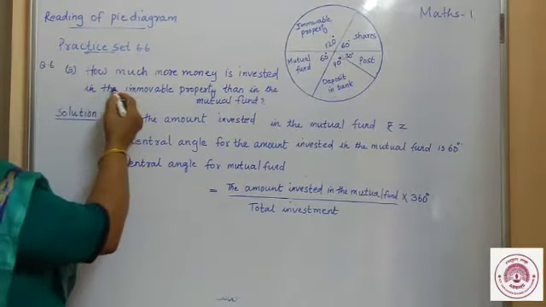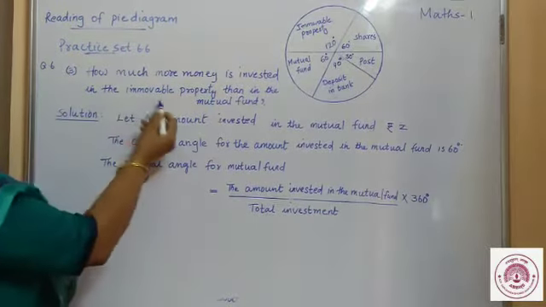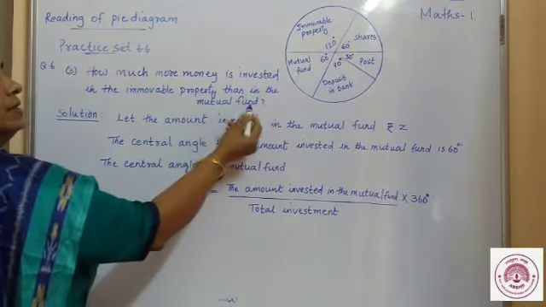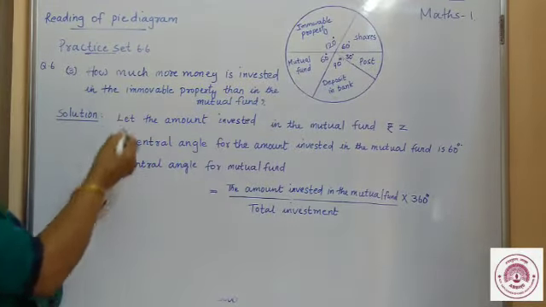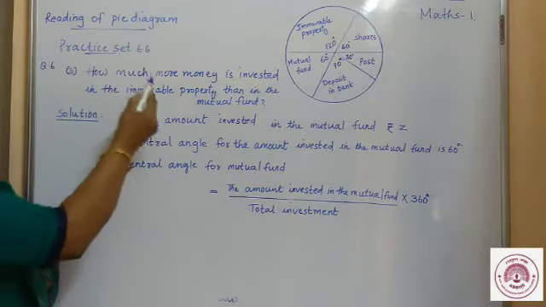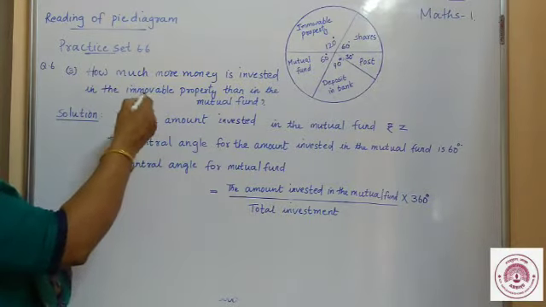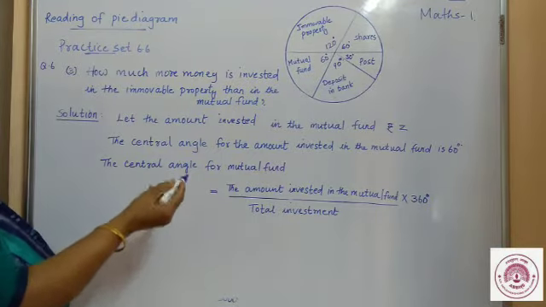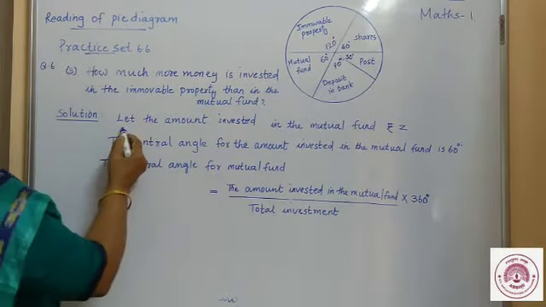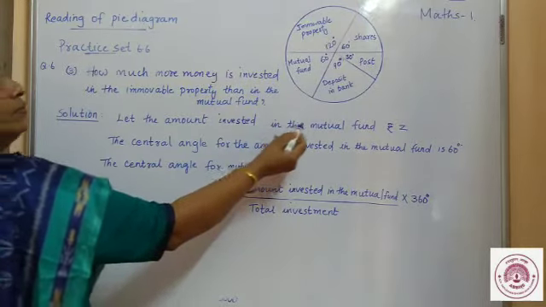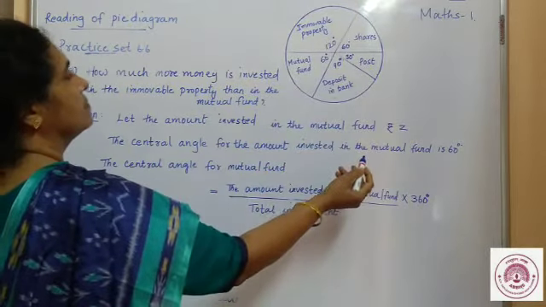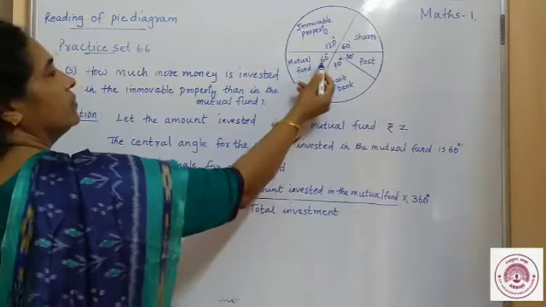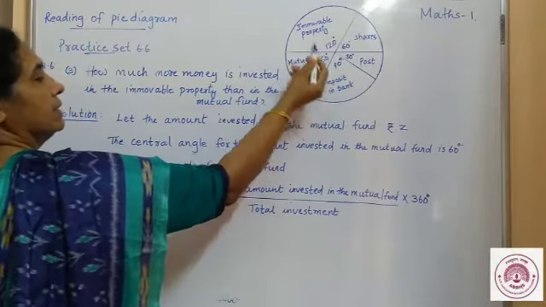Third question is, how much more money is invested in the immovable property than in the mutual fund? For this question, we have to find out the amount invested in immovable property and the amount invested in mutual funds. Let the amount invested in the mutual funds be rupees Z. So mutual fund, what is the central angle? 60 degree.